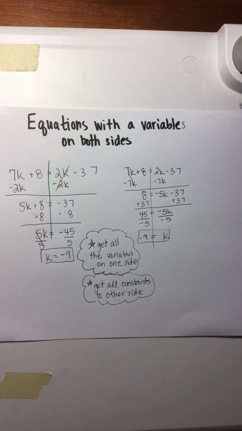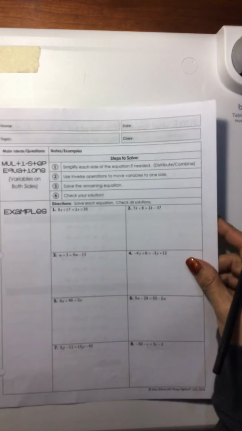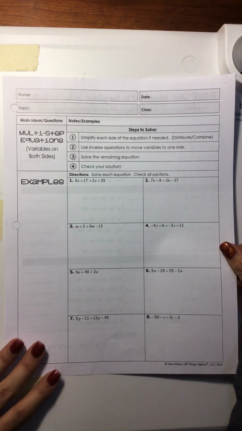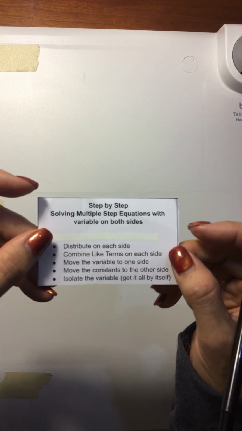Right, now there are a couple different kinds. So you're going to be getting a worksheet right now, and you're going to be getting a little form. So let's go over this real quick. But before we go over that, I want to show you this little slip that you're getting right here, okay?